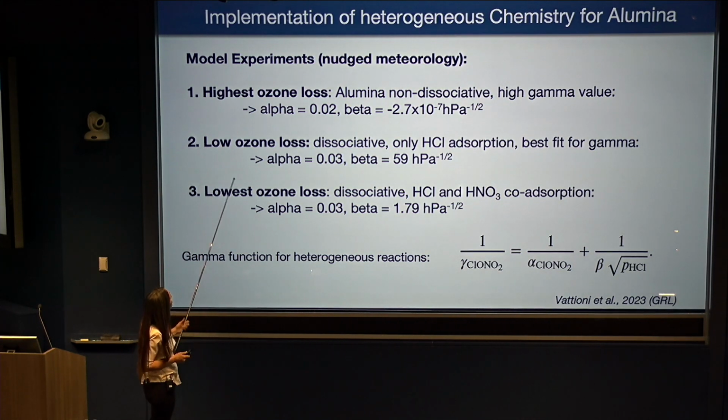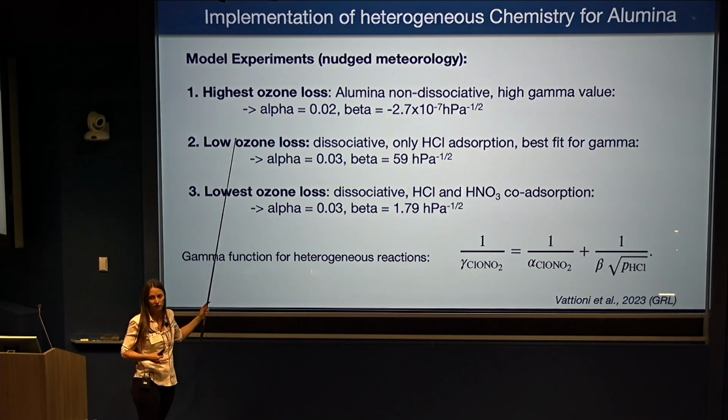So one of our experiments is the highest ozone loss assumption. That means alumina would be non-dissociative, and that means we have a very high gamma value, a lot of reactions.